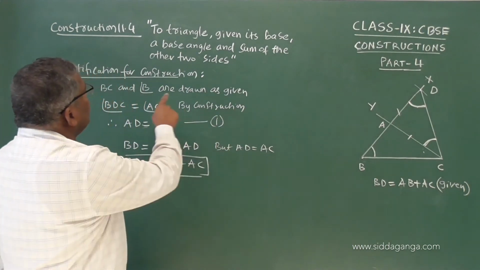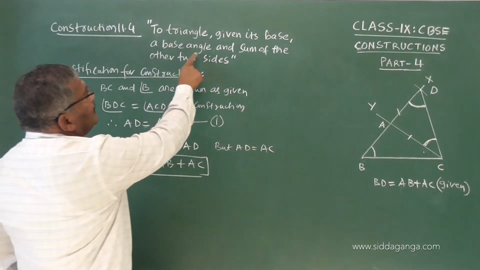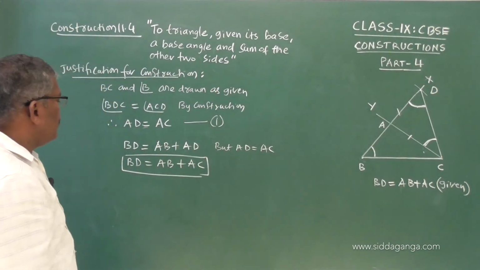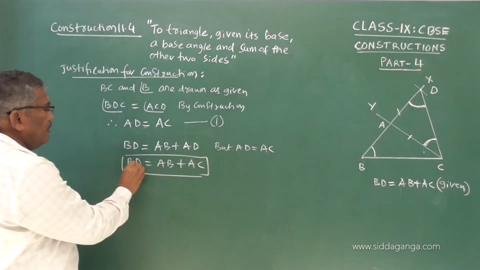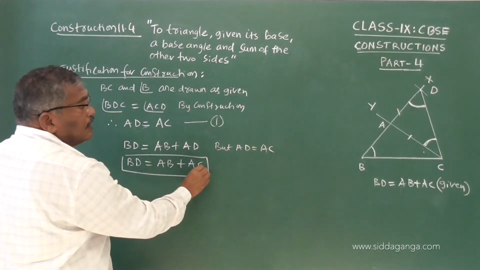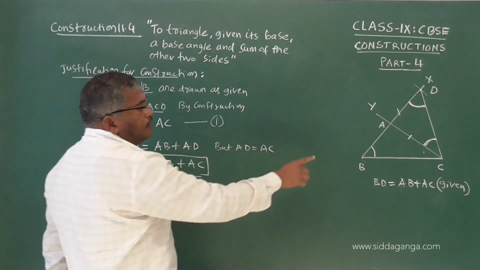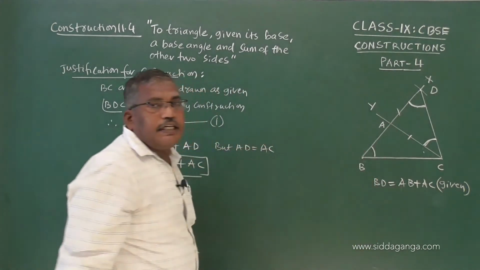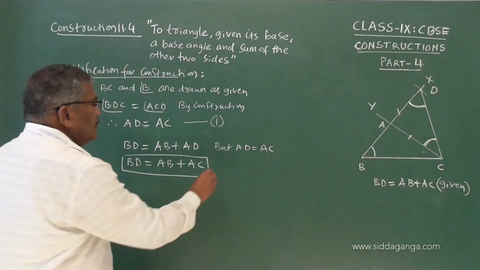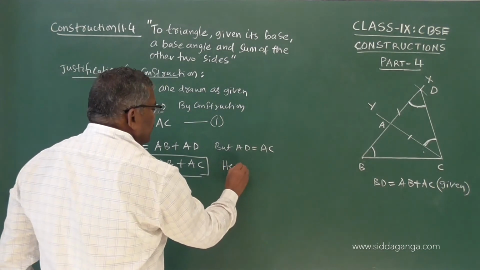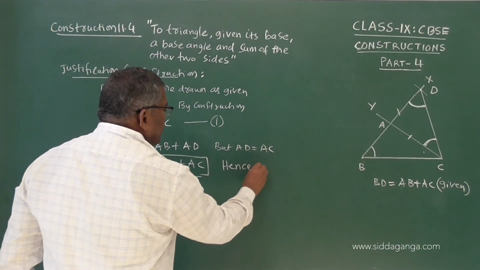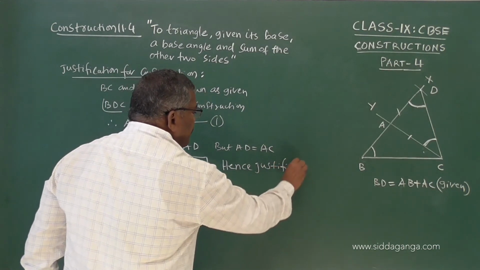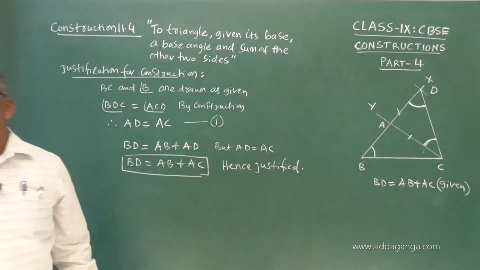That is why we have given the sum of the other two sides. So we have proved that BD is equal to AB plus AC. This is AC one side and this is AB another side. So, hence justified.